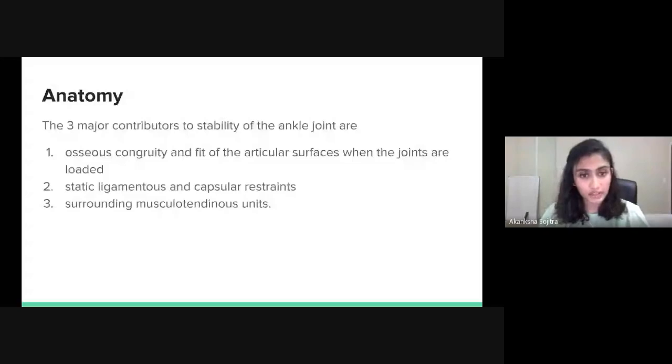Third, the surrounding muscular tendinous units, all the muscles surrounding the joint. Usually the lateral ligaments of the ankle are injured with an inversion and supination mechanism, and that's the most common mechanism we see in foot and sports injuries.